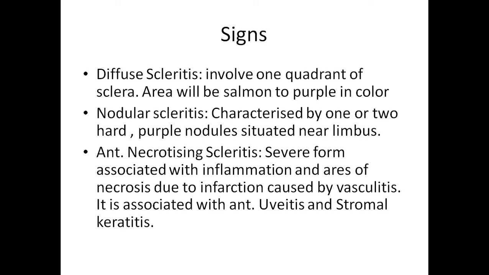And as I told you, the sclera is continuous with the stroma of the cornea and the endothelium of the cornea and epithelium of the iris and ciliary body. So whenever there is scleritis, the patient will always have keratitis and uveitis.